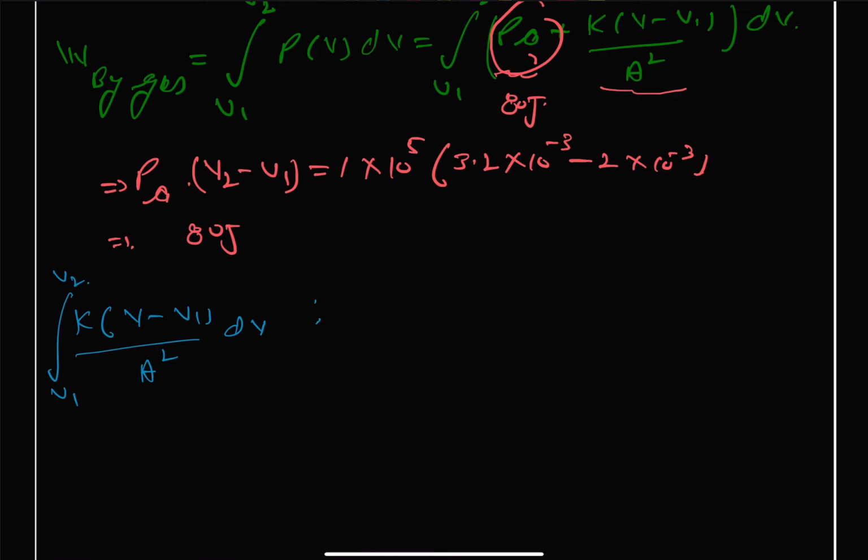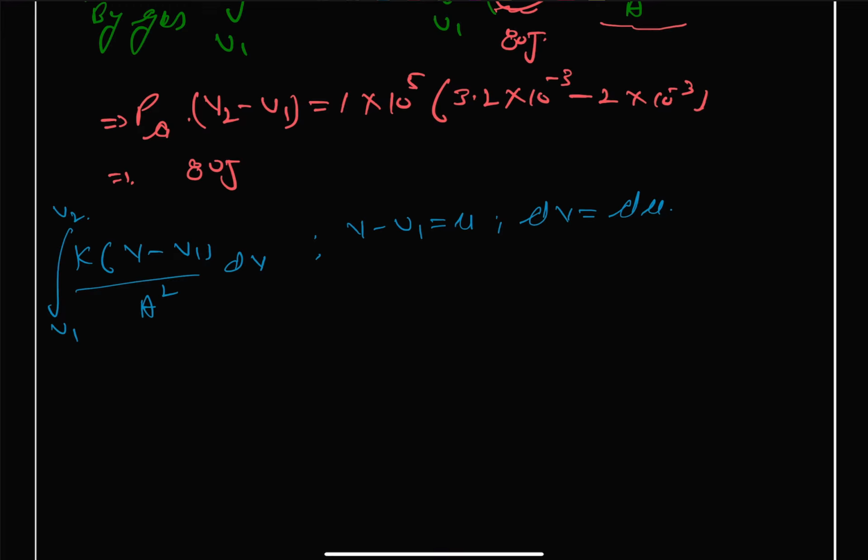So in this case let us assume that V minus V1 is equal to u. Therefore dV is equal to du, and for the limit of integration, as V tends to V1, u is going to tend to 0, and as V tends to V2, u is V2 minus V1.